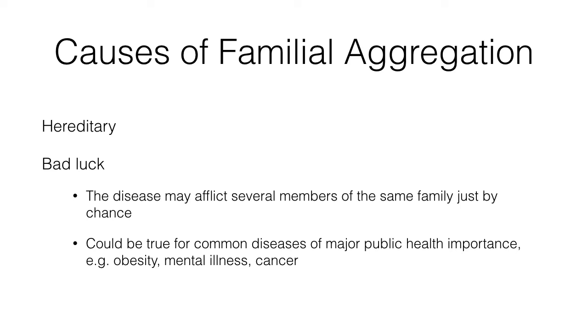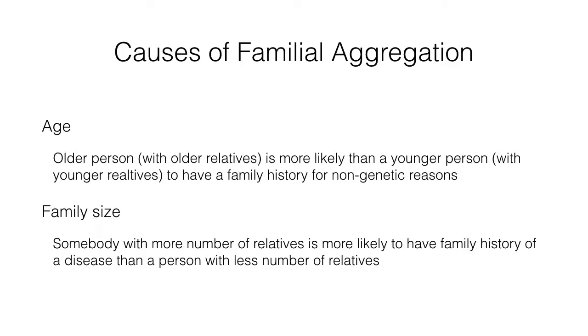This could be true for common diseases of major public health importance such as obesity, mental illness, and cancer. It could also be caused by age. If a family has more older persons, it is more likely than a younger person to have a family history for non-genetic reasons.